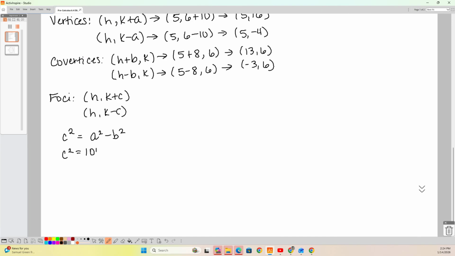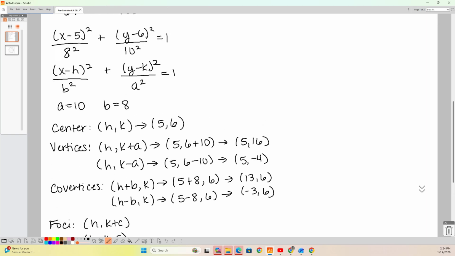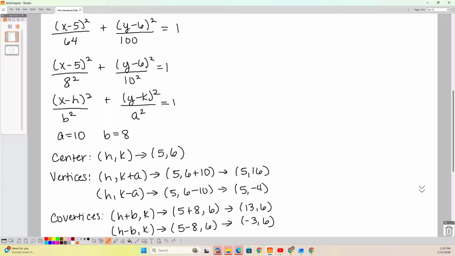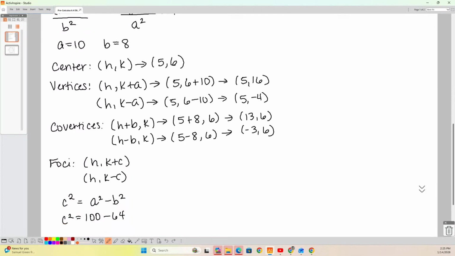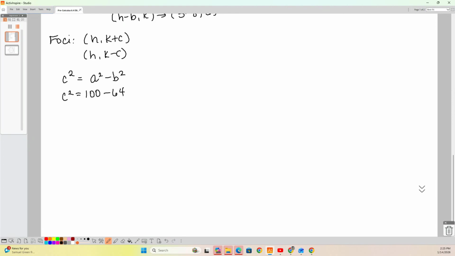Well, a squared was 100, and b squared was 64. So we have c squared equals 100 minus 64, which is 36. And we're already taking into account the positive and negative versions when we add and subtract c. So we'll just take the positive square root and say c equals the square root of 36, which is 6.